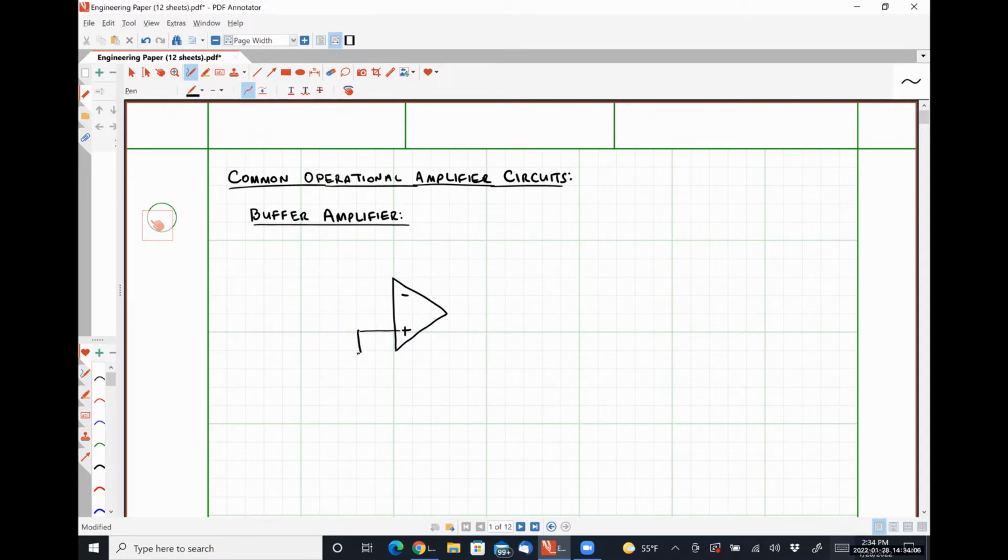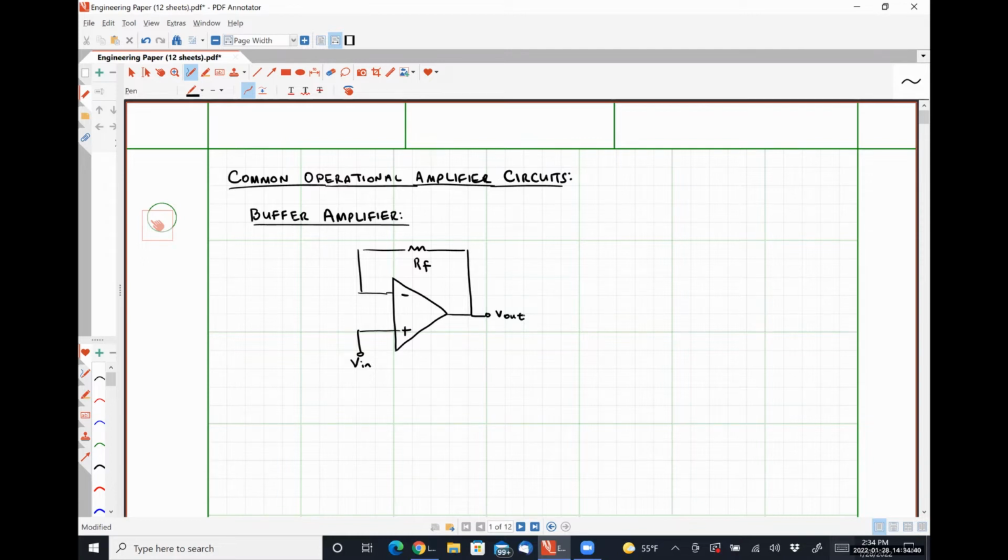We apply an input signal to the non-inverting input pin. Then we have a feedback resistor placed between the inverting input pin and the output. I'm going to call this guy RF. And then we take our output voltage at the output pin.